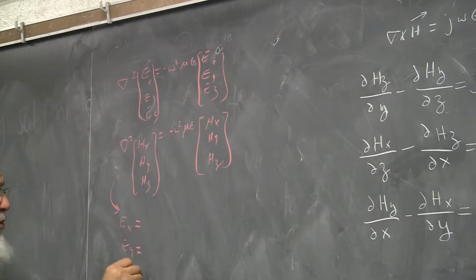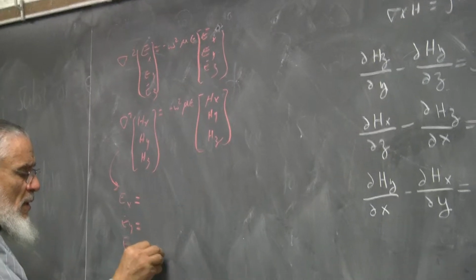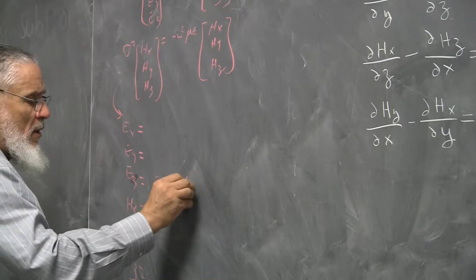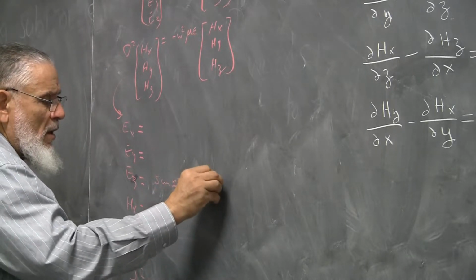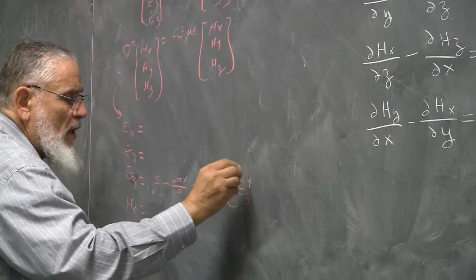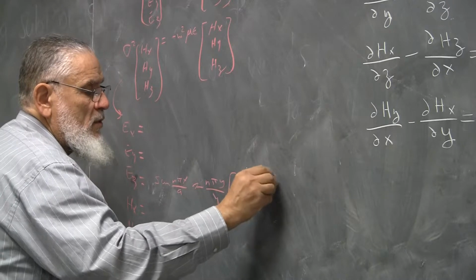But each one of those will have its own unknowns, right? Like we did the Ez, and what did you find? We found sine m pi x over a, sine n pi y over b, and then we had Ez plus e to the minus j beta z.